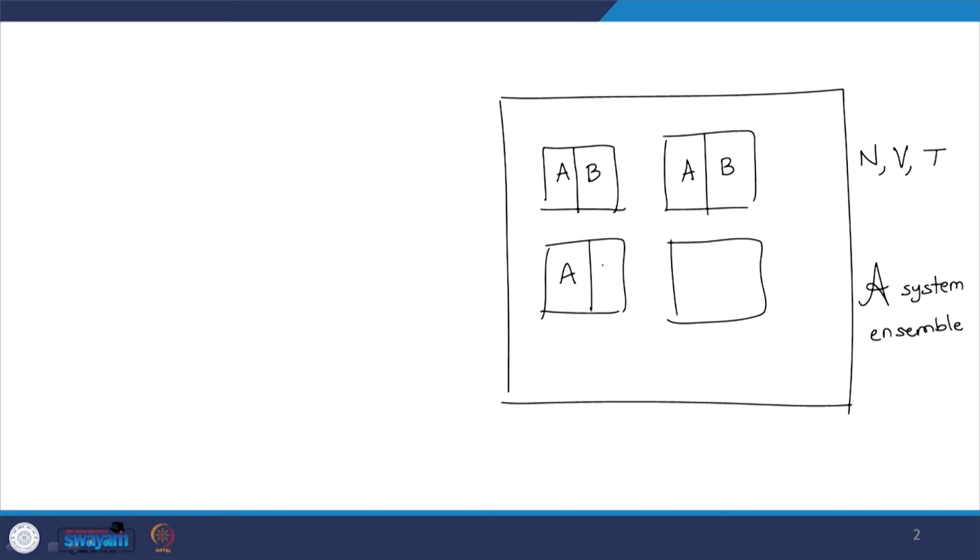in that case I again have A systems in the ensemble, but in each of these A systems you have system A and system B in close contact.